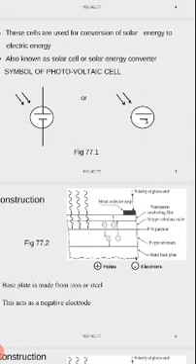Here the construction, base plate is made from iron or steel. This acts as negative electrode.